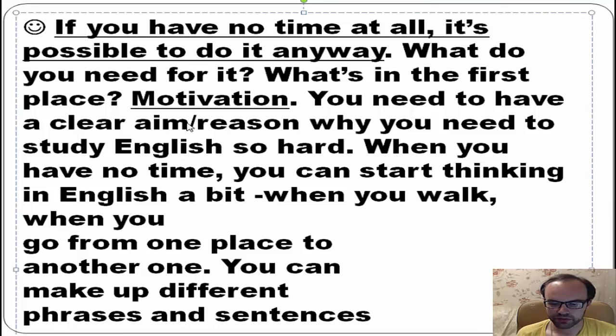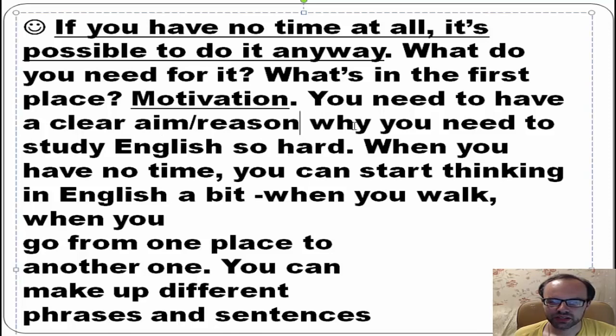So maybe you have this very clear picture in your mind that I need to improve my English greatly, because it can help me to find a better job where I'll get more money, and I need to do it urgently as soon as possible, and it's a very good motivation, okay? Or it can be another reason, but you need to have motivation, okay?